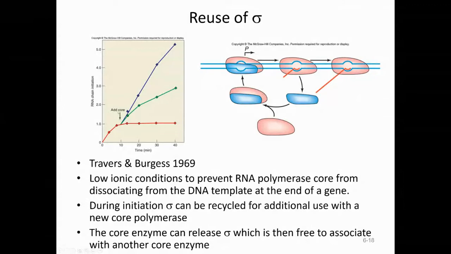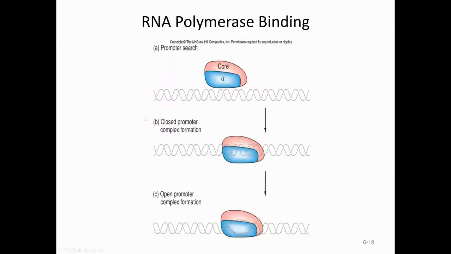However, if you add more core enzyme, then it can enhance the transcription product. That tells you this sigma can be reused. So the presence of sigma enhances the binding of the core enzyme to the promoter DNA.